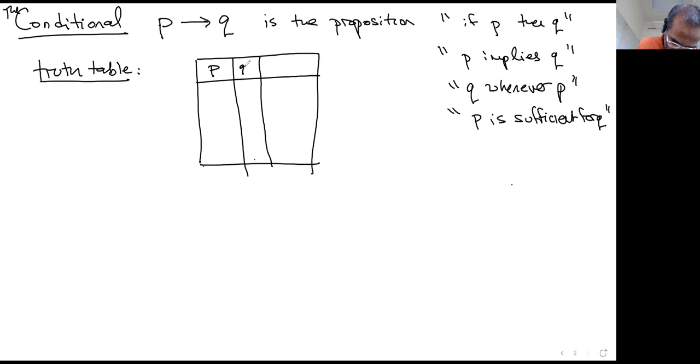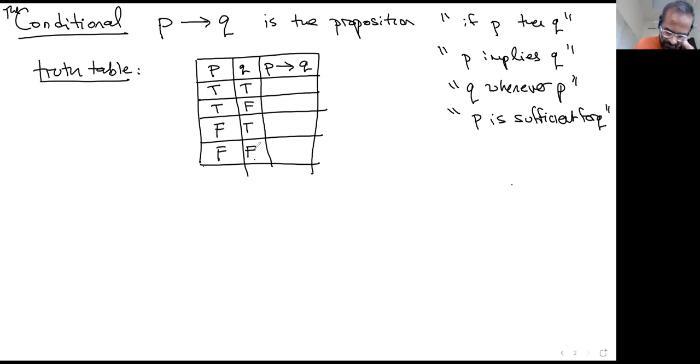So P, Q, P implies Q. Let's be systematic here. The truth table of P implies Q is this.